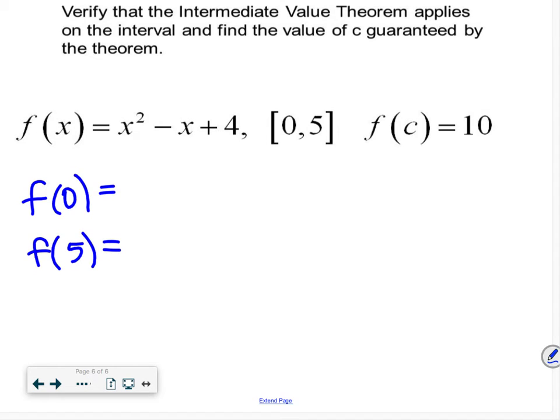If you sit in an odd pod, we all know what f of 0 is. It's the constant 4, right? F of 5, take a moment and plug 5 in mentally. Adam, what is it? 24.